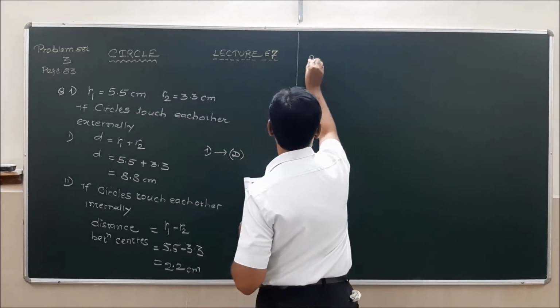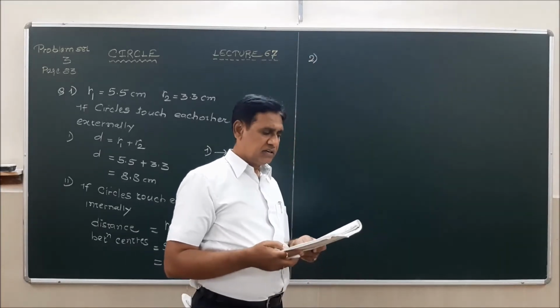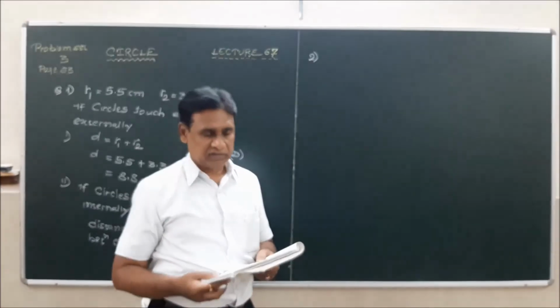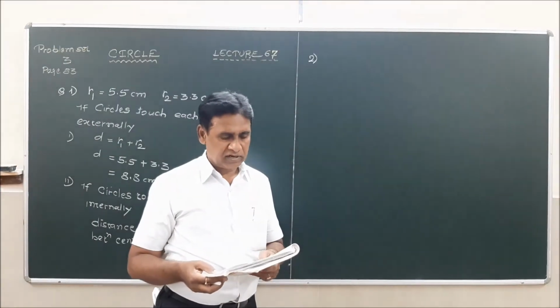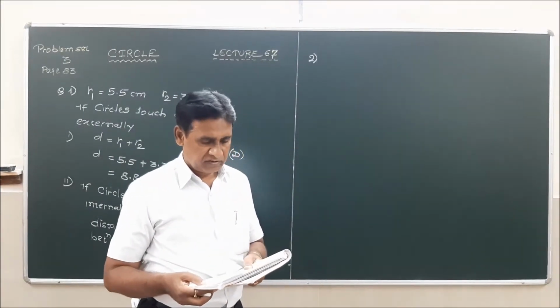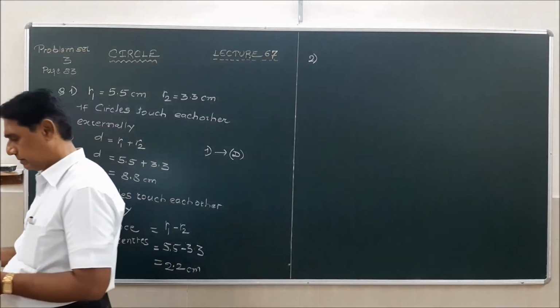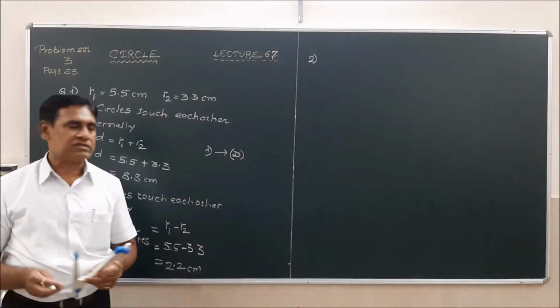Second one: two circles intersect each other such that each circle passes through the center of the other. If the distance between their centers is 12, what is the radius of each of the circles? Please try to understand this. I am going to draw two circles.